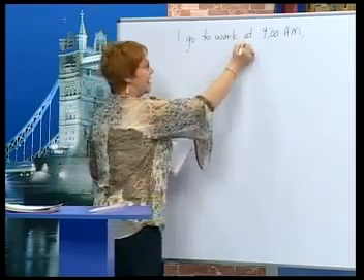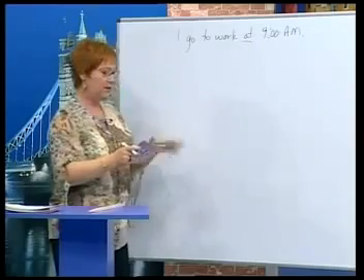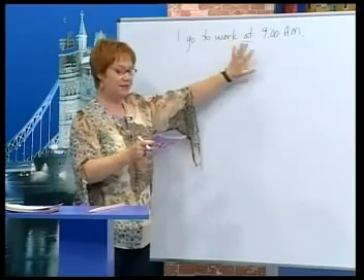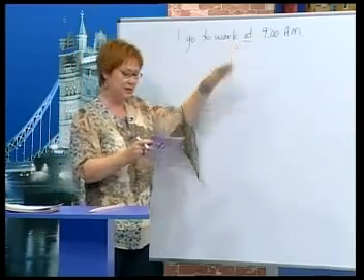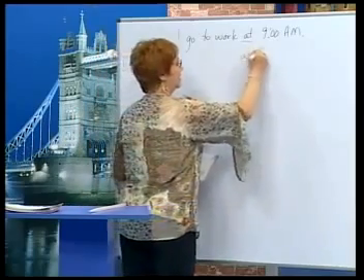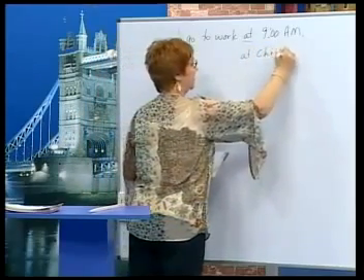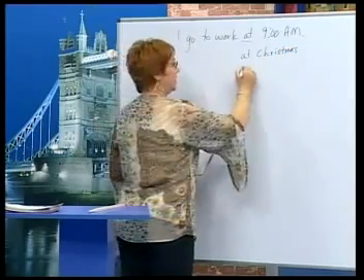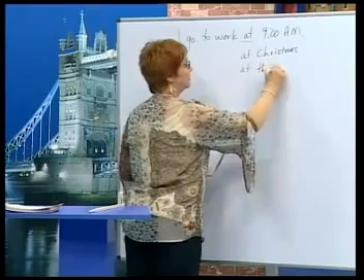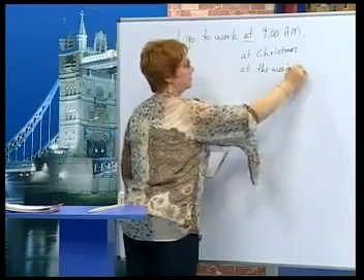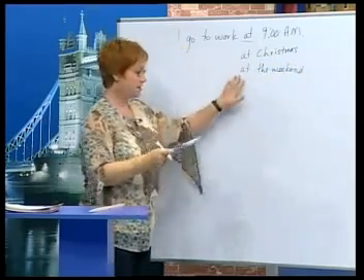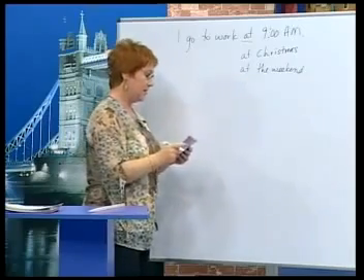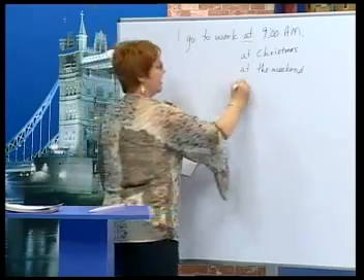Now, we use at for times, groups of special days, like at Christmas. In British English, they say at the weekend. But remember, in American English, it's on the weekend. And we can say at night.